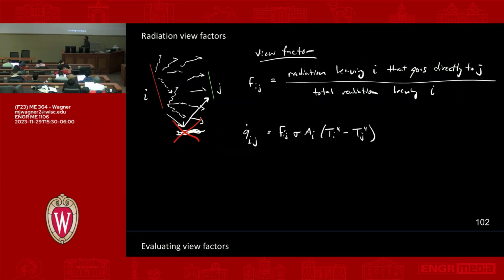This is our new radiation exchange model, from surface I to surface J, and the view factor has to be from surface I to surface J.